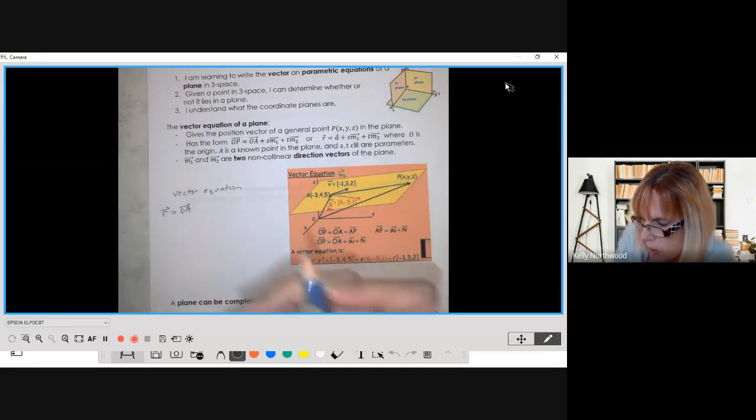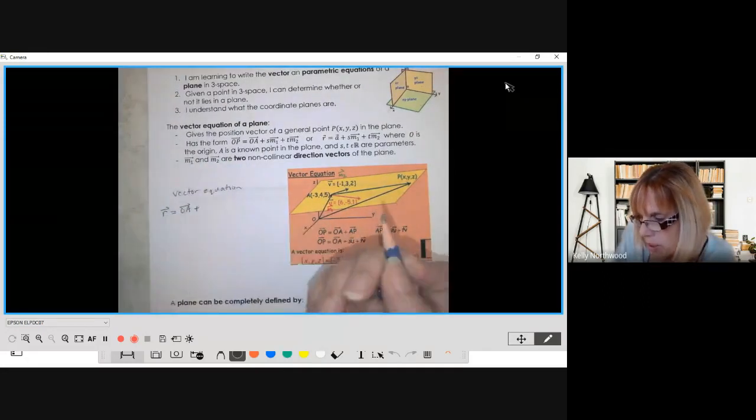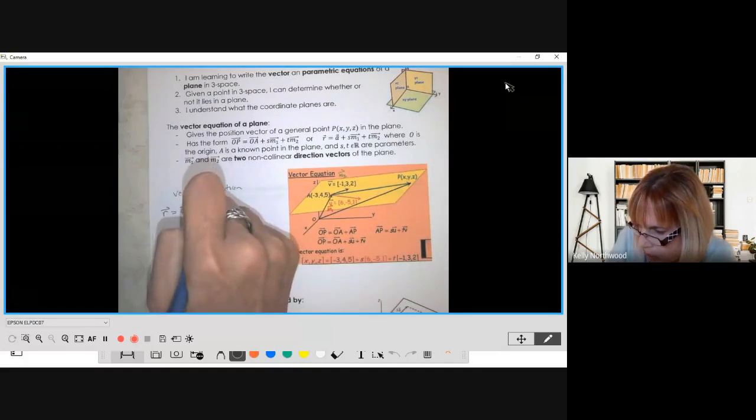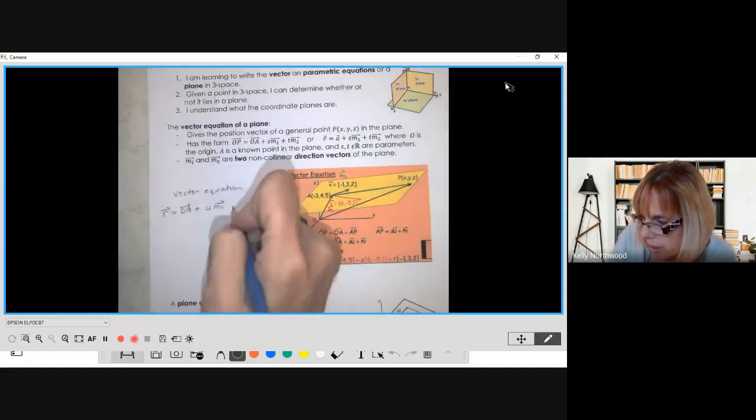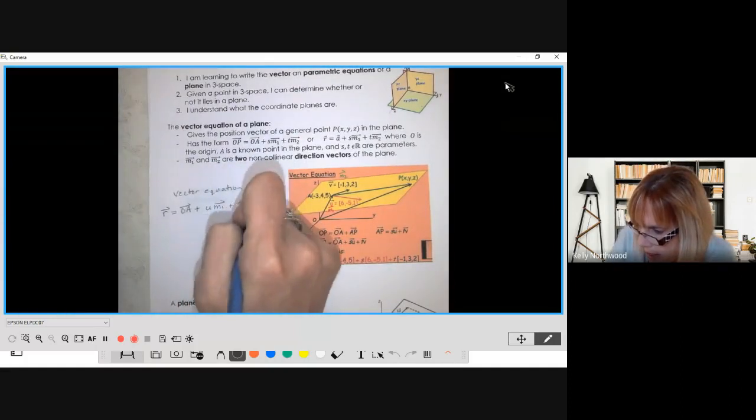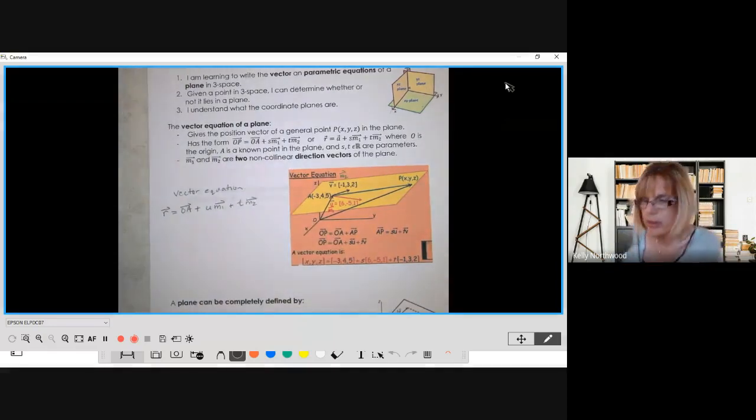But that represents a known point on the plane. Plus we're going to use two parameters. So I'm going to use u as one of them because s often looks like a 2, plus t times our other direction vector. So that's the structure of the vector equation of a plane.